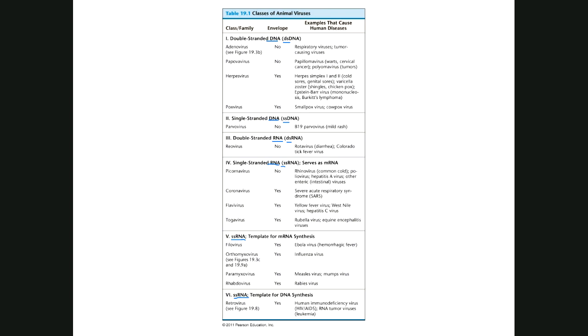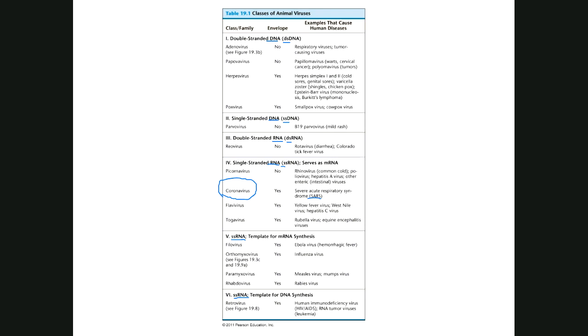Here's your coronavirus. Okay. Right here, they're showing you SARS virus. SARS is an acronym or abbreviation for severe acute respiratory syndrome. Okay, the COVID-19 virus, that we're having the pandemic with right now, its official name, from what I've come across, is SARS-CoV-2.